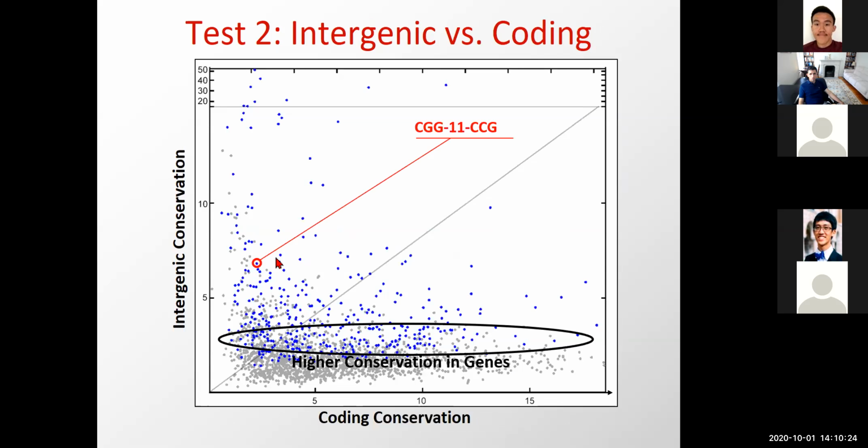But GAL4 is in fact showing higher conservation in intergenic regions than what you would have expected. So that basically suggests that there's a whole class of motifs that, instead of being more highly conserved in genes, are in fact more highly conserved in non-coding regions, which is sort of the property that we would expect for regulatory motifs.